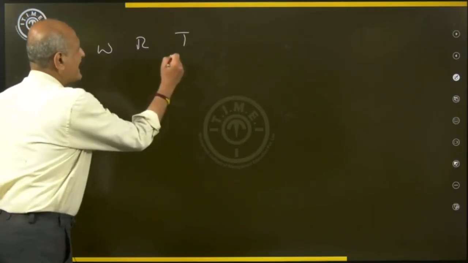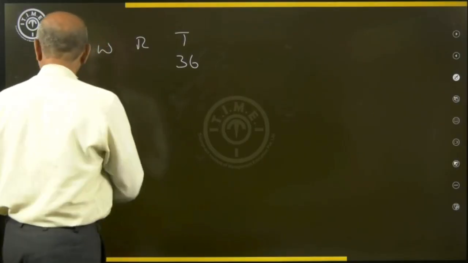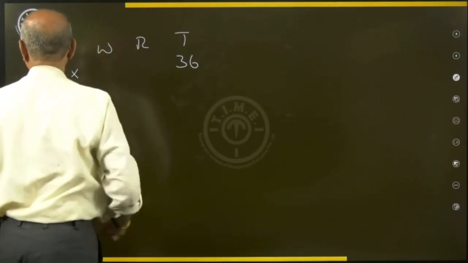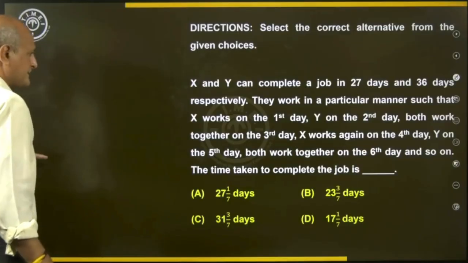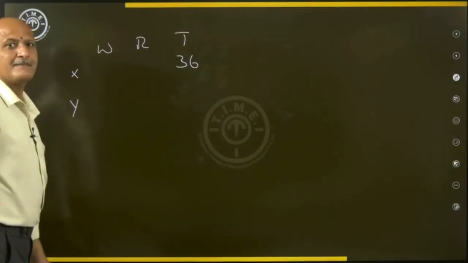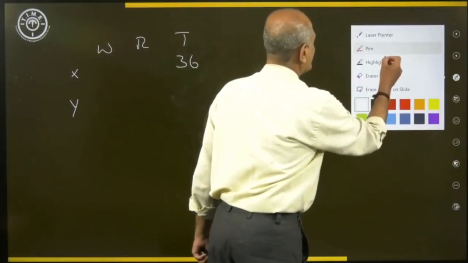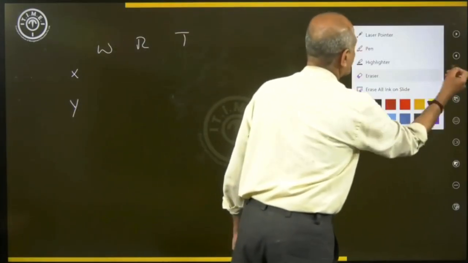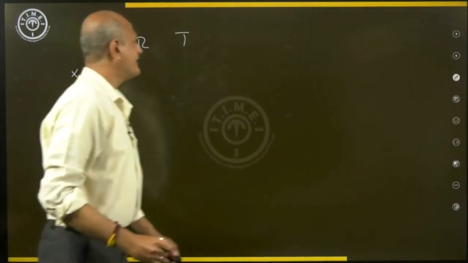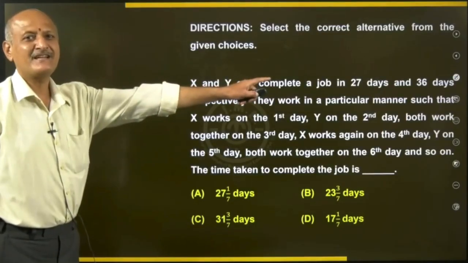So we know this one, X can complete it in 27 days and Y can do it in 36 days.